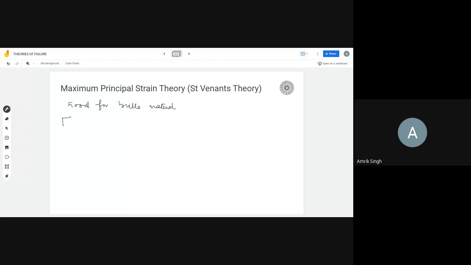So that means the failure occurs when the maximum principal strain exceeds the strain at the elastic limit.